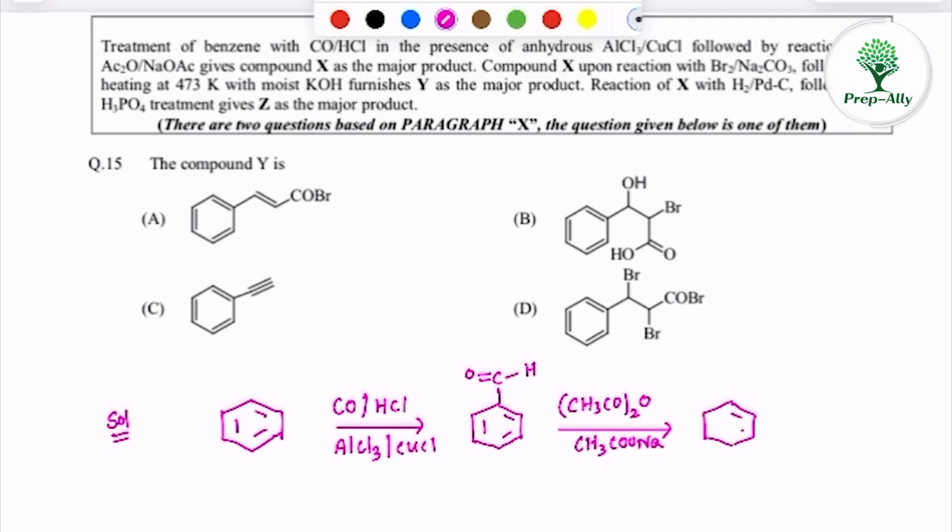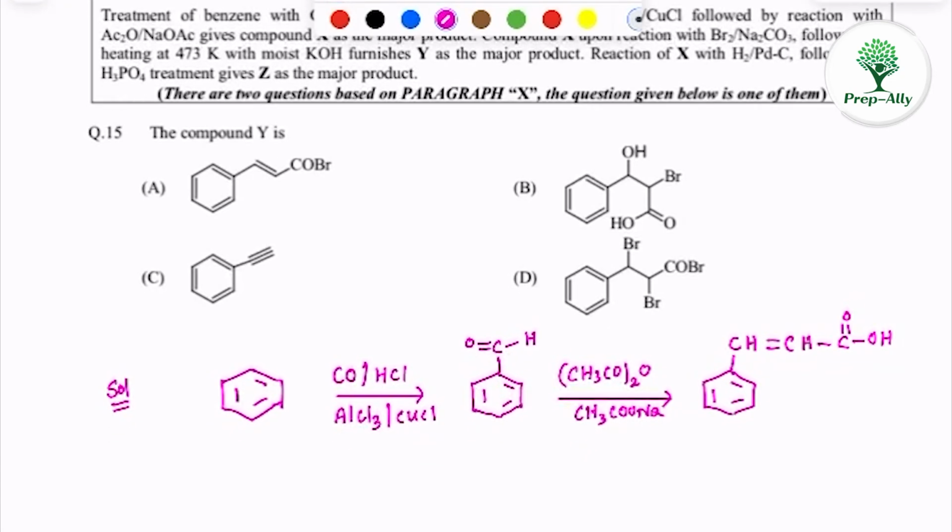We know this reaction as Perkin's reaction. So you'll be getting CH=CH-COOH. This is cinnamic acid. So this is the X.